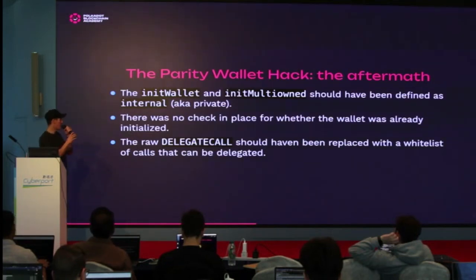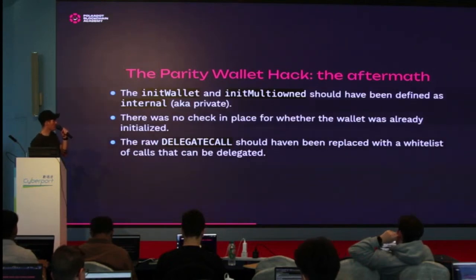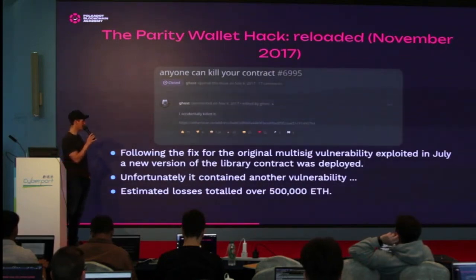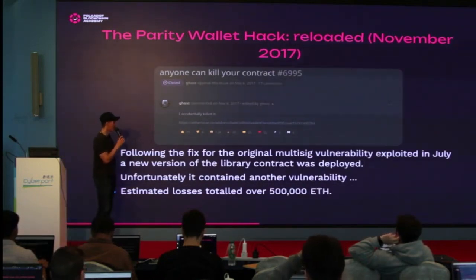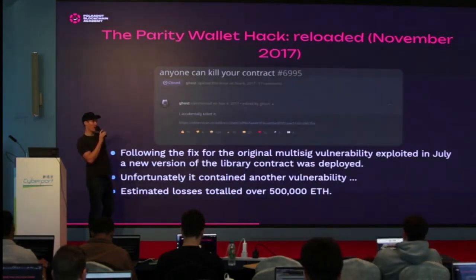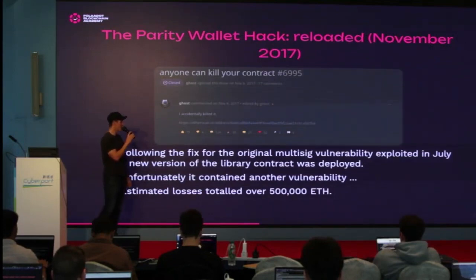So you could argue there were multiple vulnerabilities here, and fixing either one would have probably prevented the hack. But surprisingly, not a long time after that hack, the same multi-sig wallets were attacked again, but this time things were a little bit different because the attacker claims, maybe he claims, that he has done it purely by mistake.